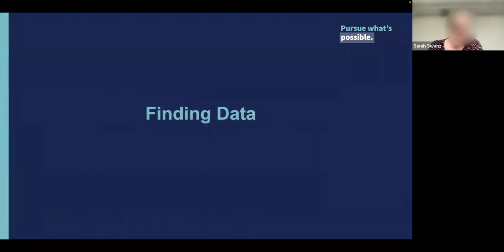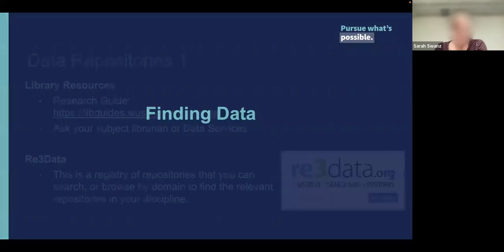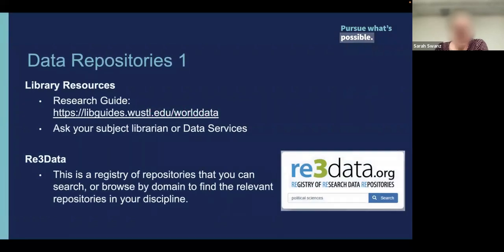Okay, so now we're going to move on to where you can find data and how to evaluate the data that you found. The library's put together a research guide about common data sources from around the world and different subjects, but you can always reach out to your subject librarian or data services directly for help finding data.